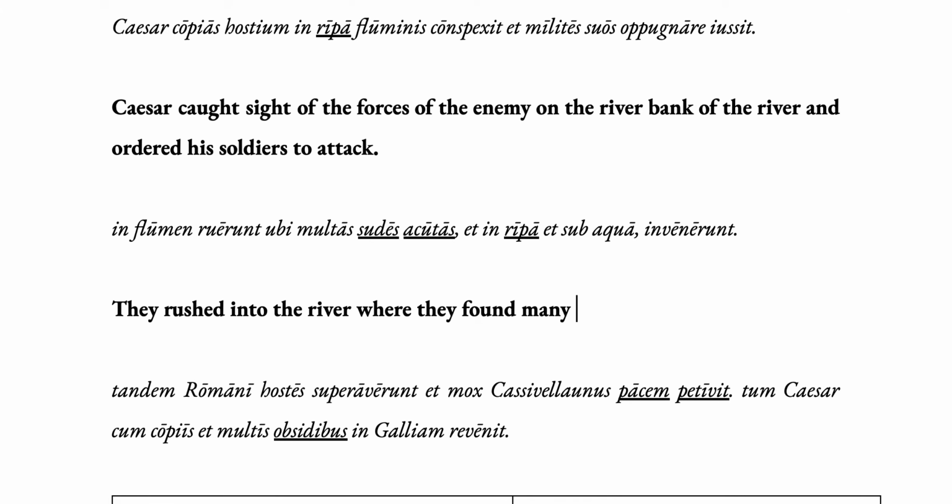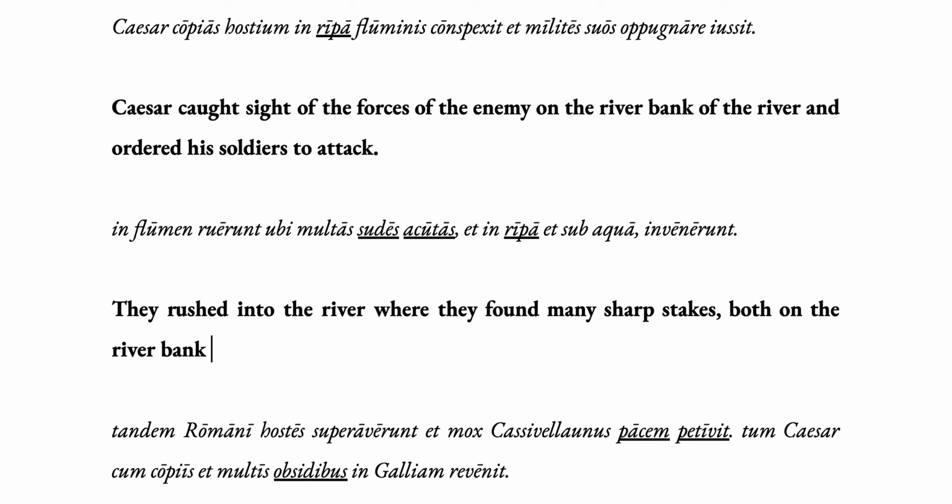So many sharp stakes. This is stake in the sense of a piece of wood rather than steak in the sense of a piece of beef that you eat. They found many sharp stakes. Now here you have the word et repeated. So you translate the first et as both and the second et as and. So both on the riverbank and under the water.